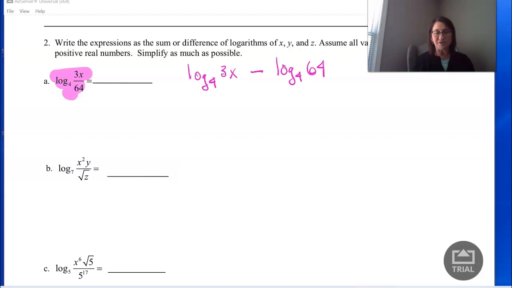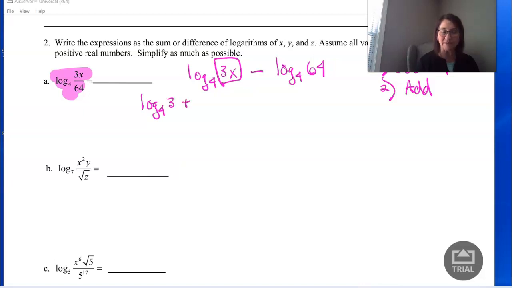Now I'm going to add with the first log, so this 3x can be separated into 2 logs: log base 4 of 3 plus log base 4 of x.